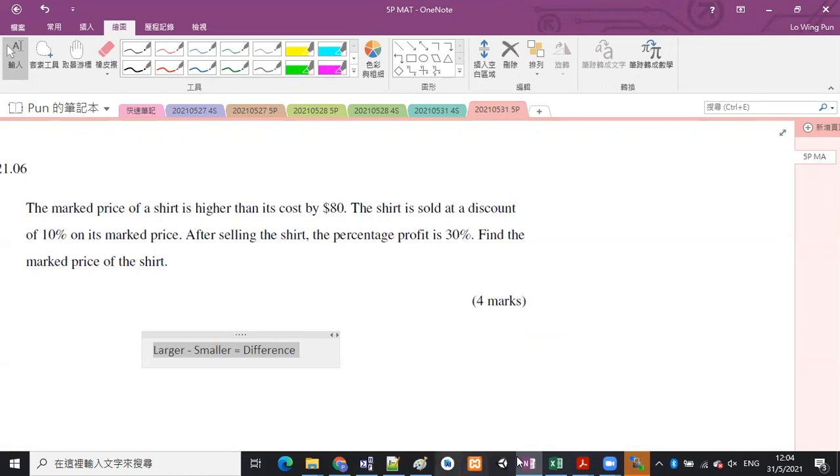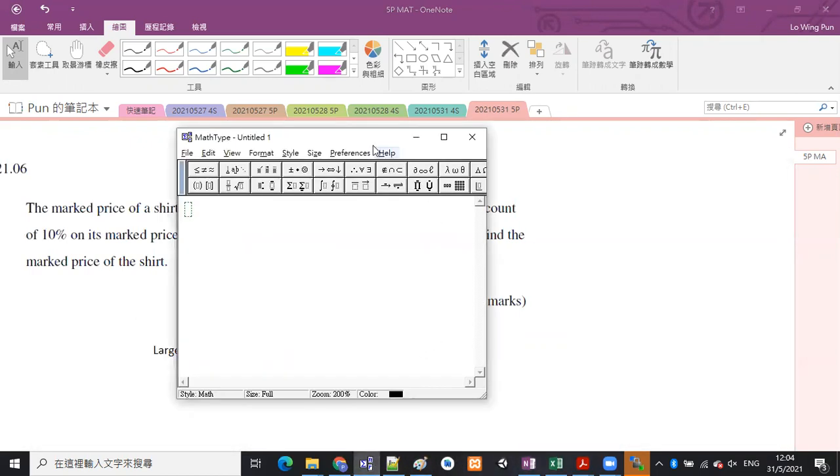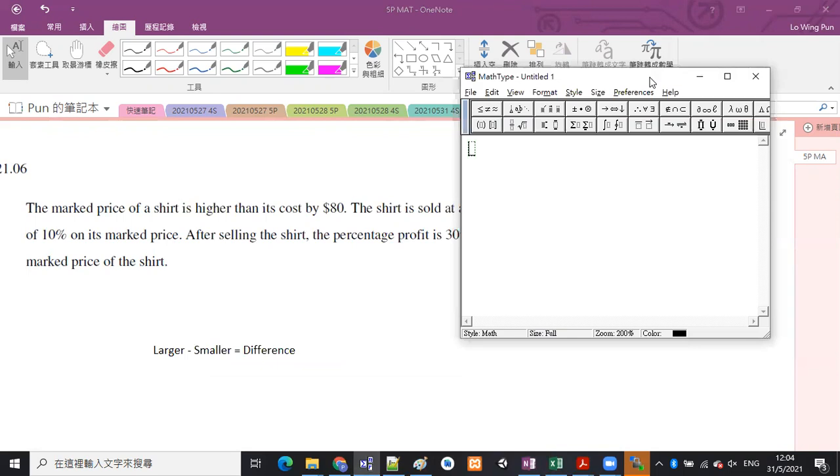It's the market price, right? And then the smaller one should be the cost price. So I'm going to do it like this. Market price minus cost price is equal to 80. Equation 1. Can you get this?